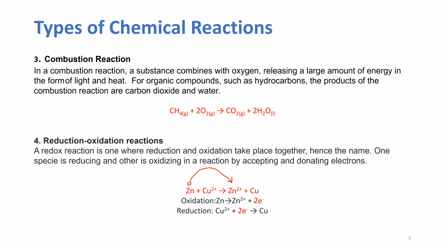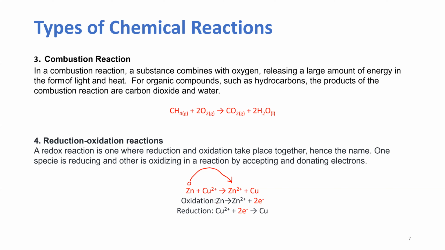When zinc plus 2 takes up the 2 electrons back, it converts back to zinc 0, right? It gets neutralized. Basically there is a removal of the electron; it has donated the electrons to another species.